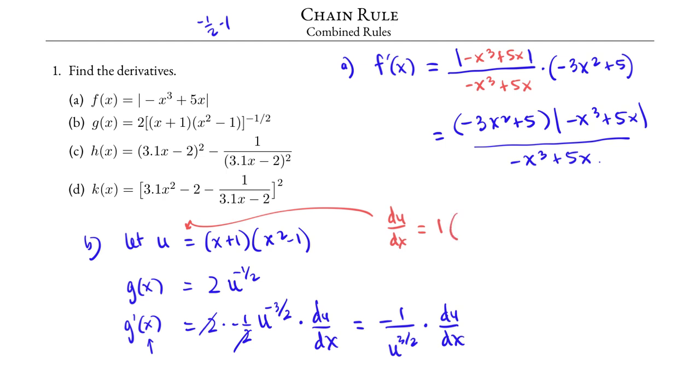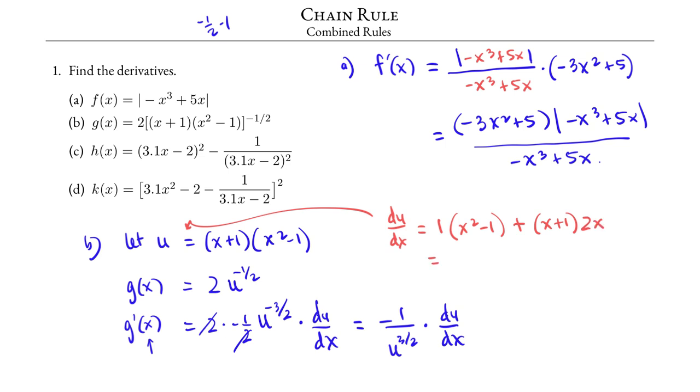We multiply by the second factor, not the derivative, plus, for the second term, we keep the first factor x plus 1, and we multiply by the derivative of the second factor. The derivative of x squared minus 1 is 2x minus 0, or simply 2x.